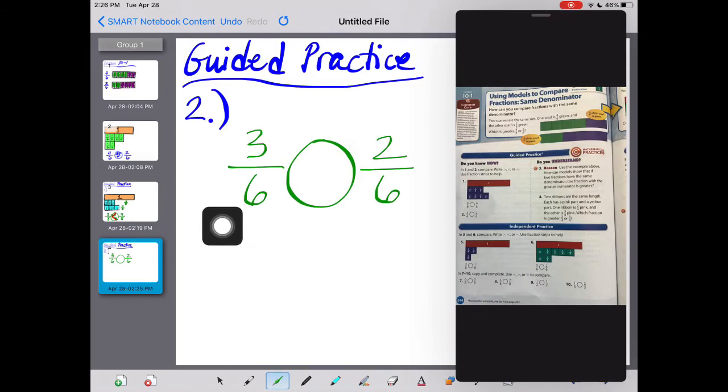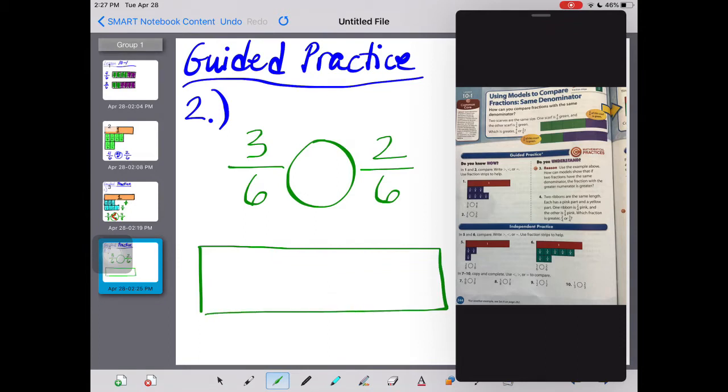We're going to be looking at the denominator. Is the denominator the same? Well, this one's a 6 and this one's a 6. So that's telling me that if in my mind's eye I've got a scarf or whatever it is, they have been divided equally up into 6 equal parts.